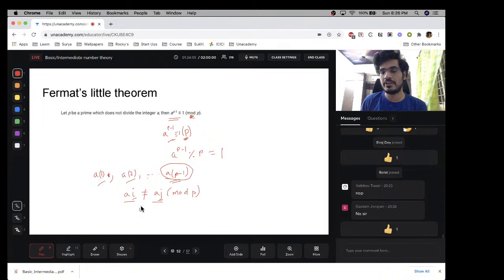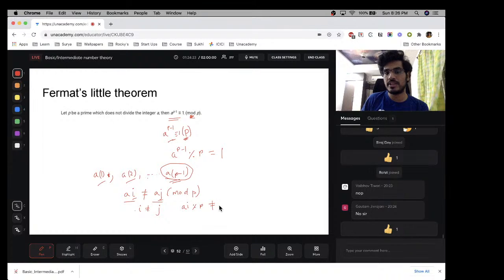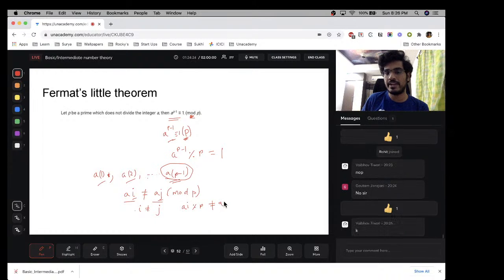For if I not equal to J, then A into I will not be equal to A into J mod P. The remainder we get after we divide A into I will not be equal to the remainder we get after we divide A into J with P.